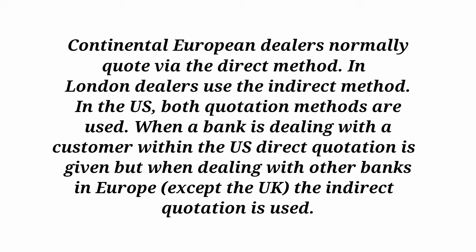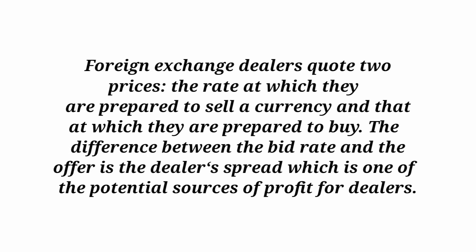When a bank is dealing with a customer within the US, indirect quotation is given, but when dealing with other banks in Europe, except the UK, the indirect quotation is used. Foreign exchange dealers quote two prices: the rate at which they are prepared to sell a currency and that which they are prepared to buy.